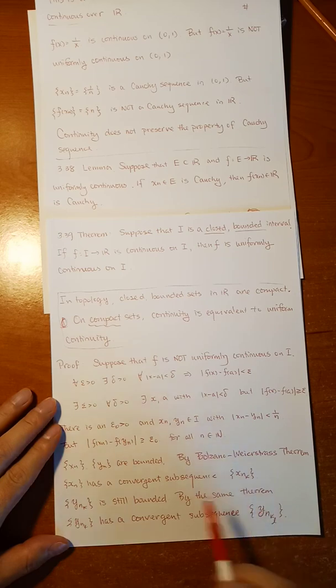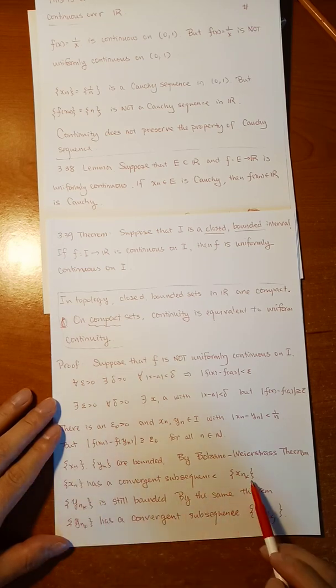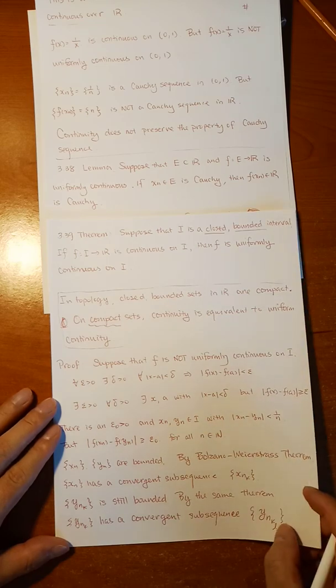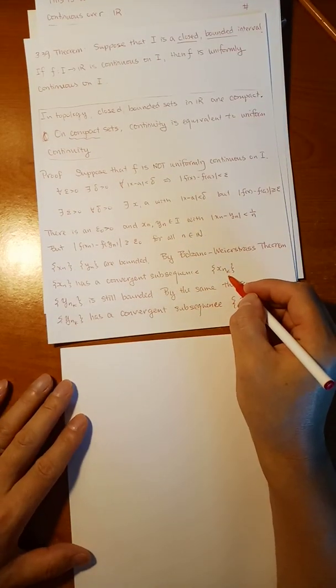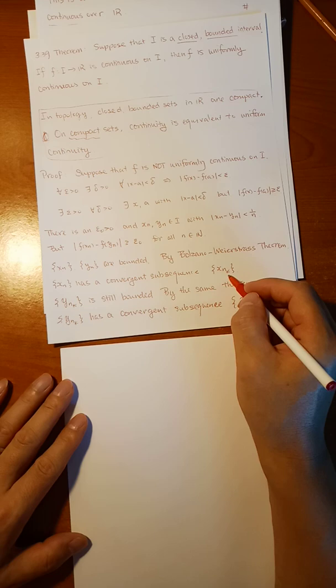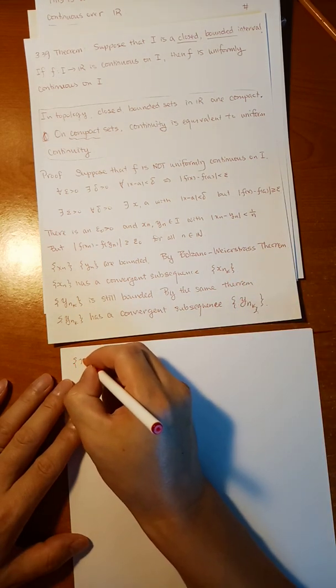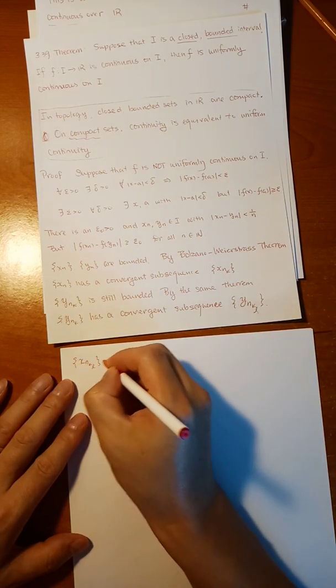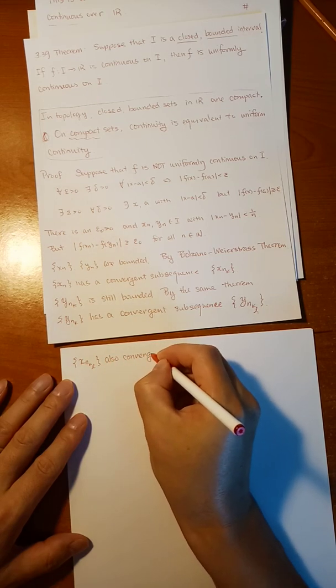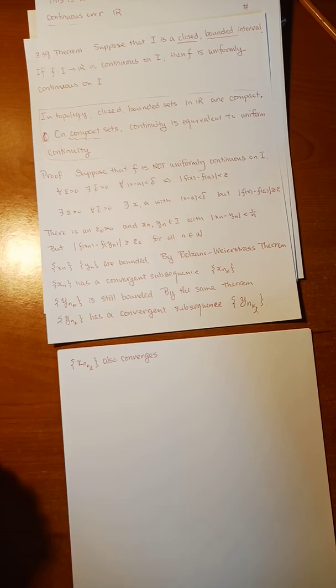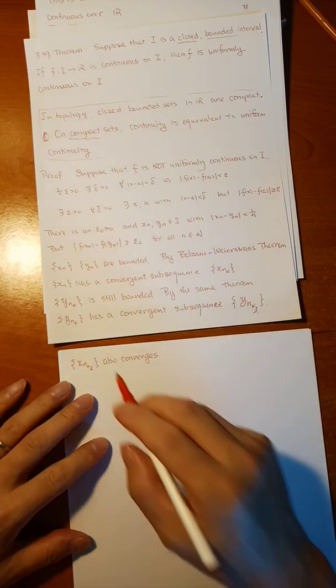But with this order, you start from x_n, you get x_{n_k}, then the corresponding y_{n_k}, then you get y_{n_{k_l}}. y_{n_{k_l}} converges. x_{n_k} converges, and all its subsequences converge, so x_{n_{k_l}} also converges.